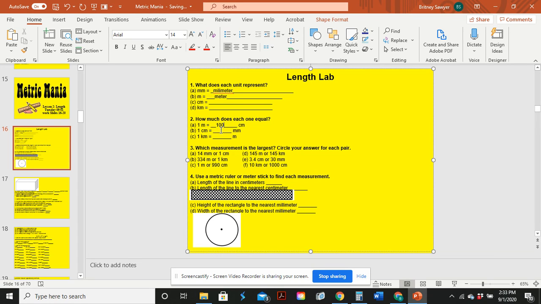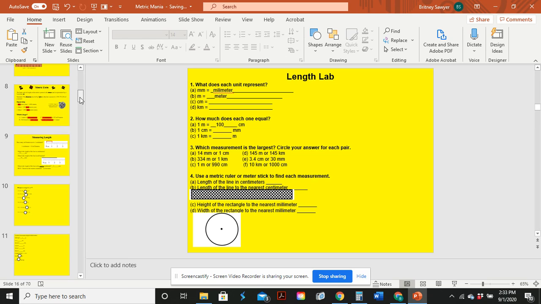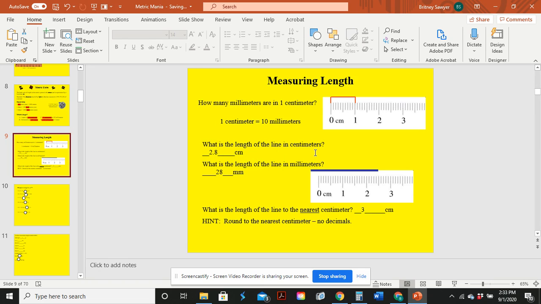Okay, 1 centimeter, how many millimeters are in a centimeter? Once again, you're going to refer back up to this right here. Let's count. This is our centimeters. These small dots right here, these small lines are all millimeters.